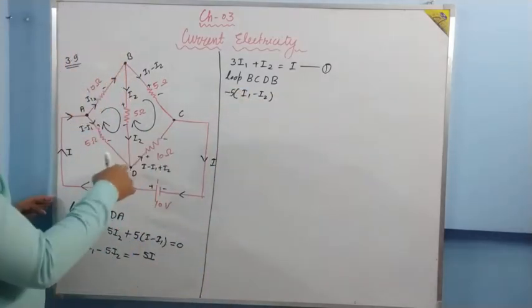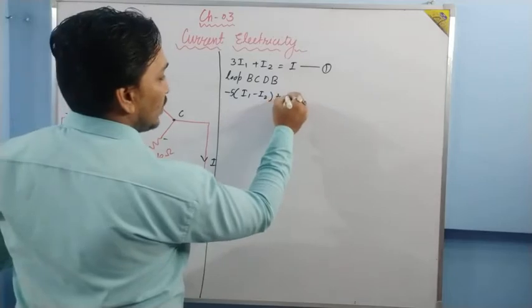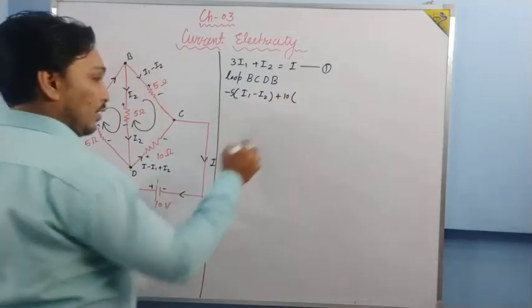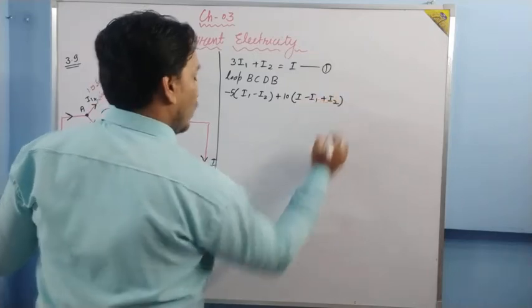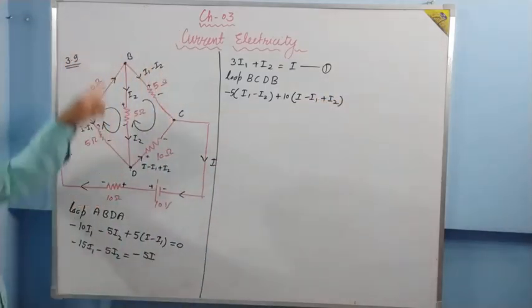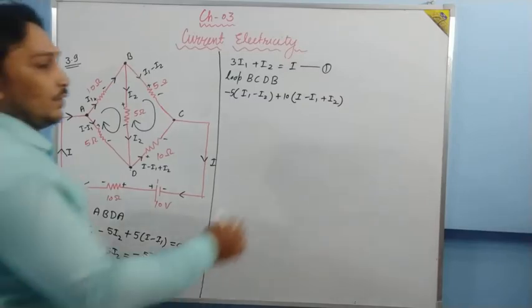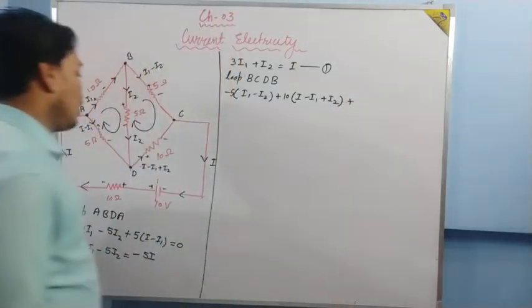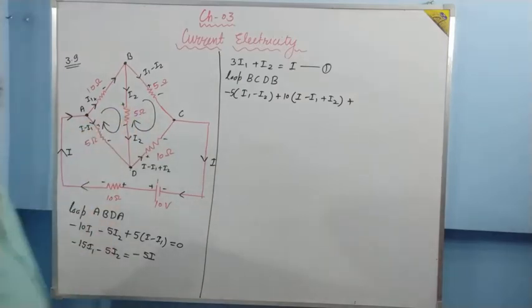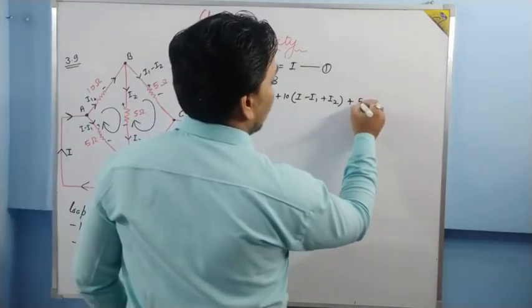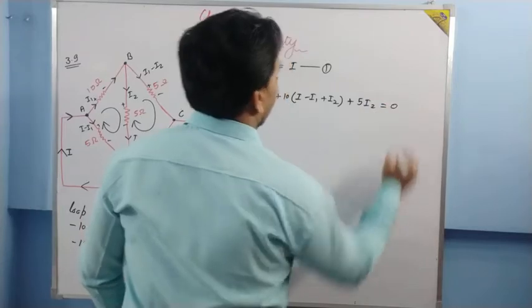Now from C to D, minus to plus, plus 10. Current is I minus I1 plus I2. From D to B, minus to plus, we should write plus, how much? 5. And what is the current flowing through it? I2. Plus 5 I2 is equal to 0.